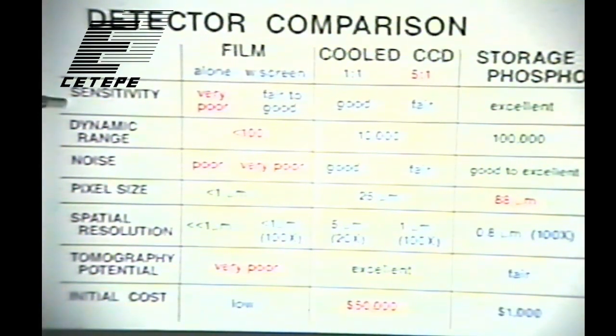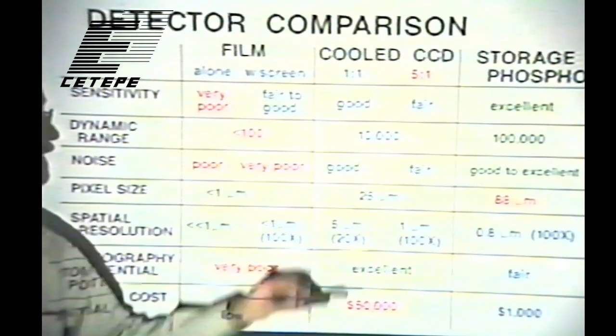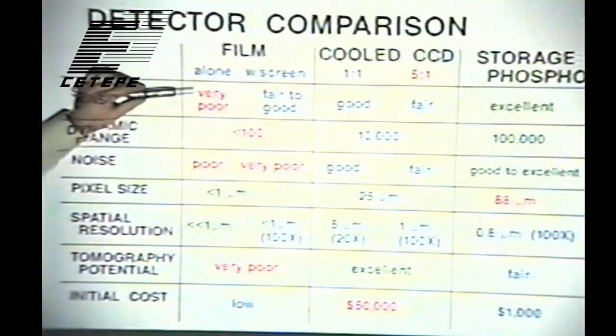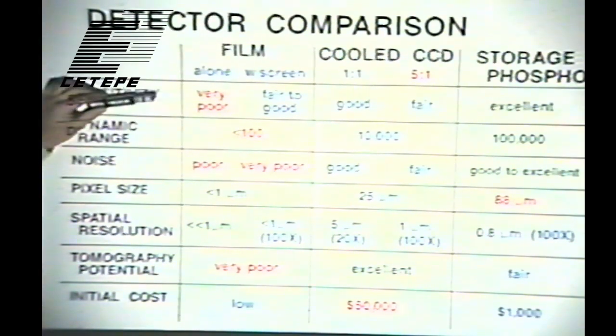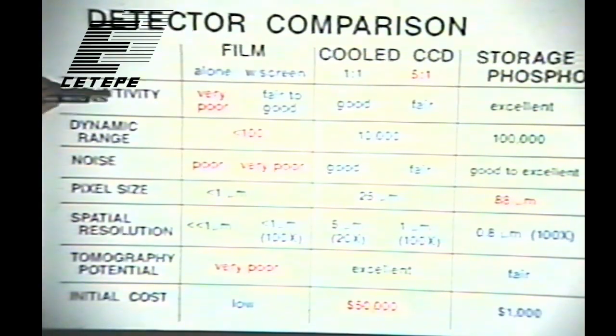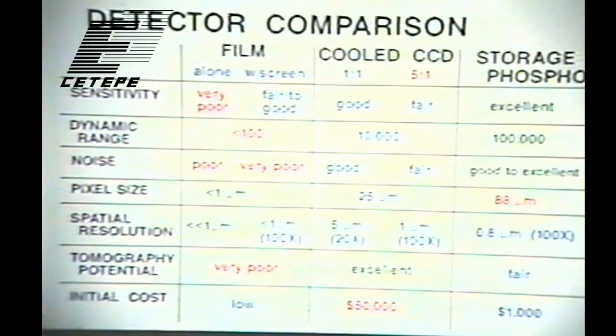So in sensitivity, basically in the slide, red is bad, green is good, and blue is intermediate. So film, as we mentioned, is very insensitive. First of all, because it doesn't stop very many X-rays, and second of all, because it has that background fog, which will mask very slight differences in gray level.